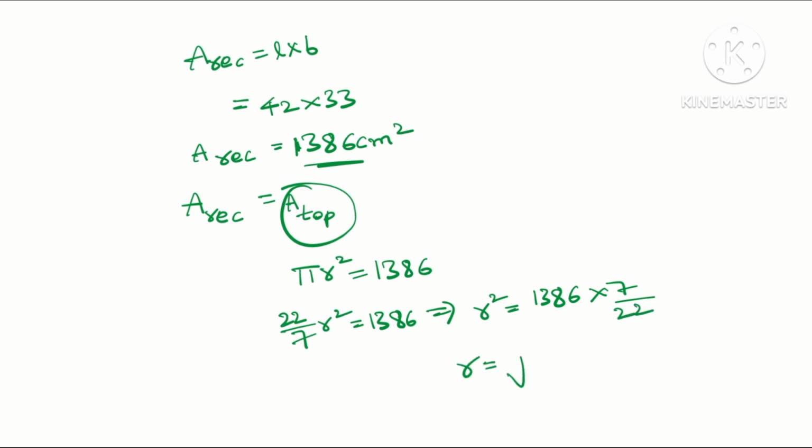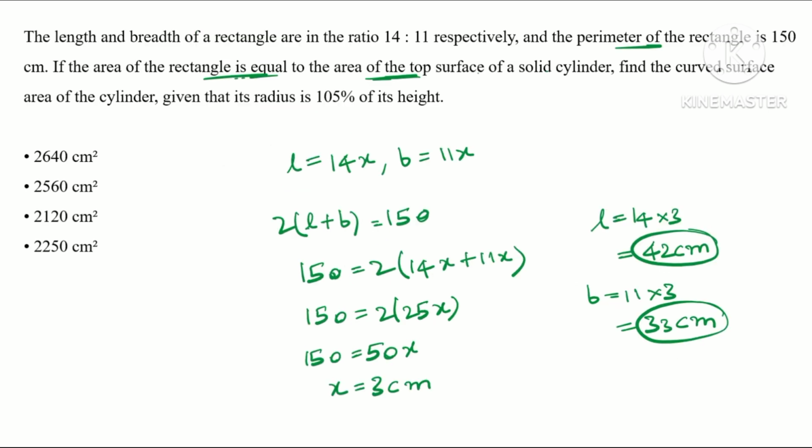r equals root 441. Root 441 is 21 centimeters. In the question, they also given that radius is 105% of its height. So they are asking to find out the curved surface area of the cylinder.